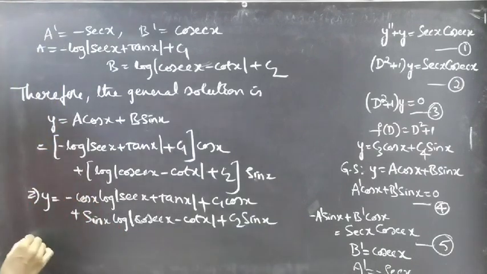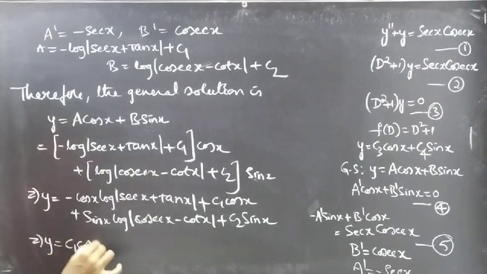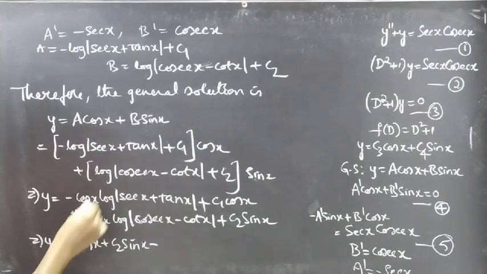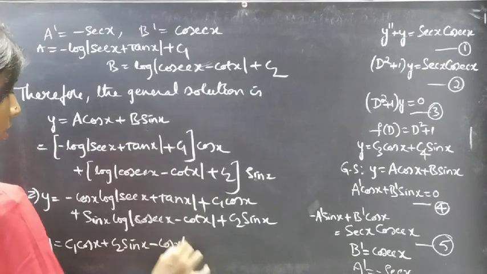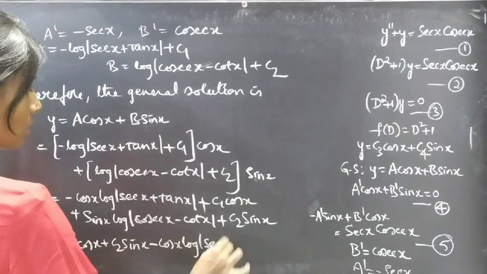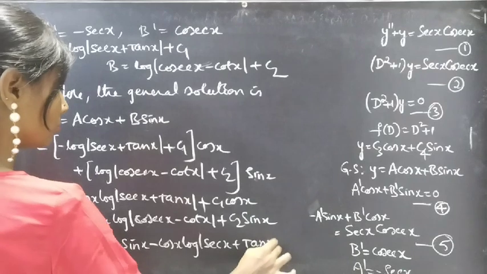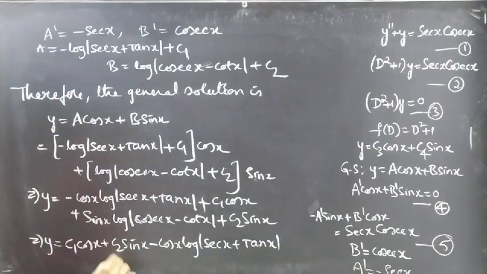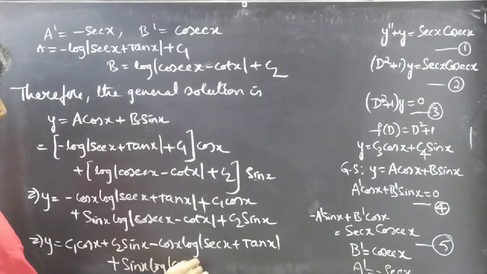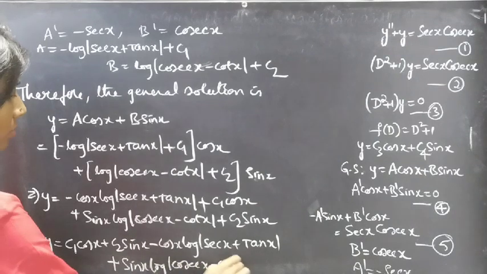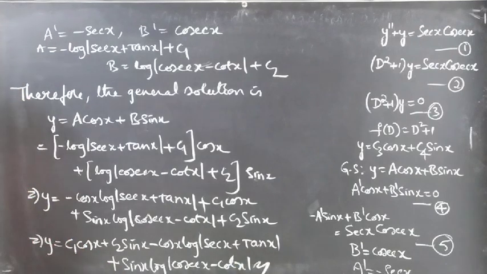or write the terms involving c1 and c2. Firstly, we'll get y equal to c1 cos x plus c2 sin x minus cos x into log mod secant x plus tan x plus sin x into log mod cosecant x minus cot x, which is the required general solution to the given equation.